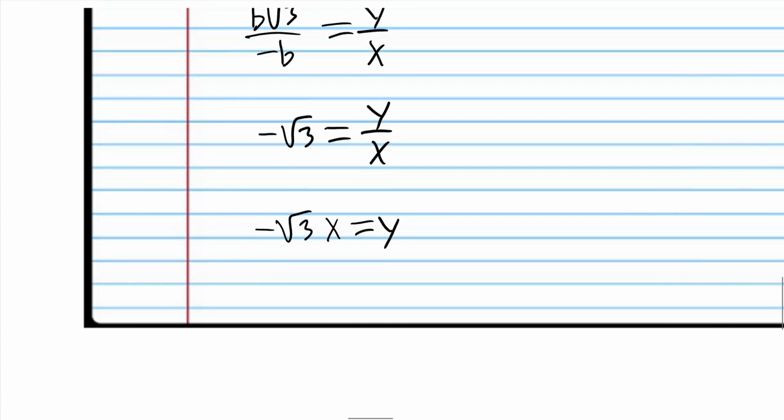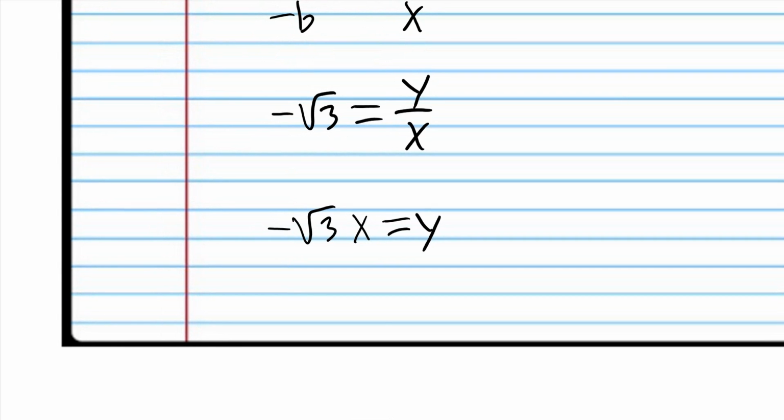Well, remember, if you don't have any variables that are squared or variables that are in denominators of fractions, then, well, long story short, if you can put an equation in this form, you know it's a line.